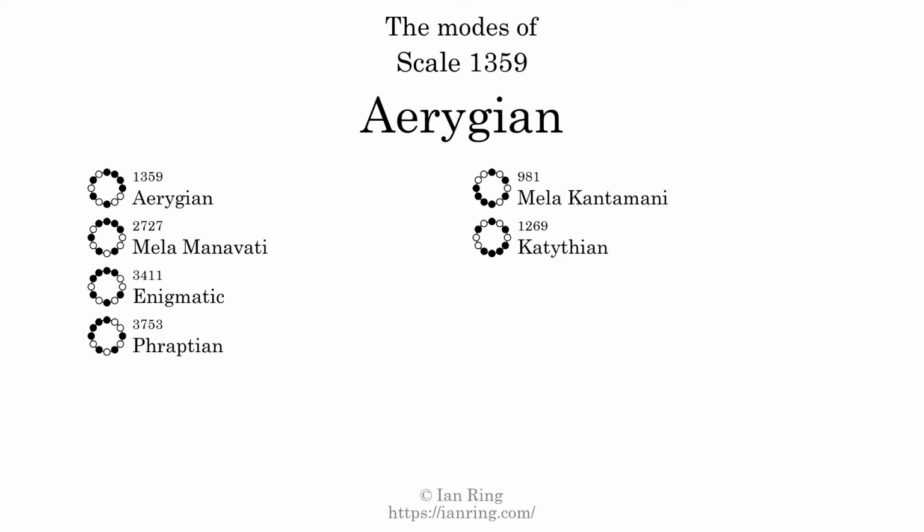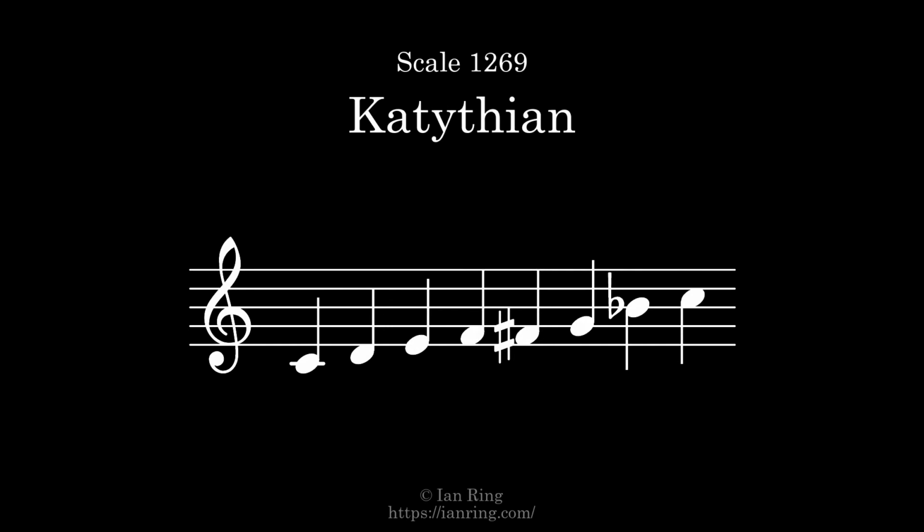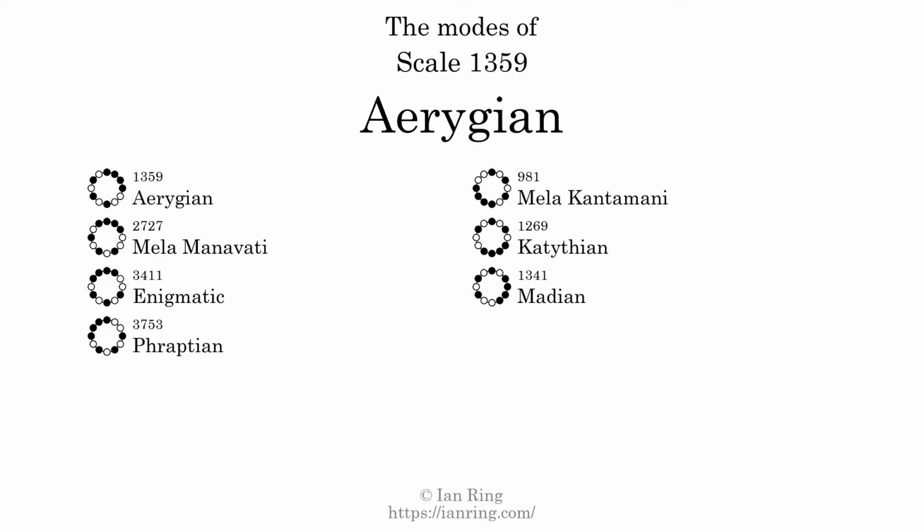The sixth mode is scale 1269, also known as Cartesian. It sounds like this. The seventh and last mode is scale 1341, also known as Median. It sounds like this.